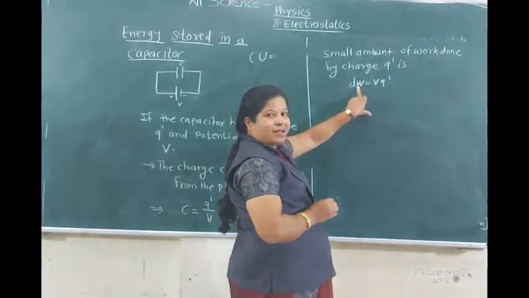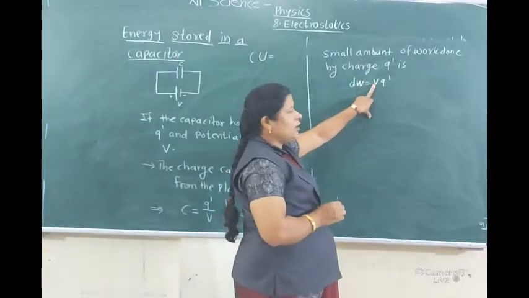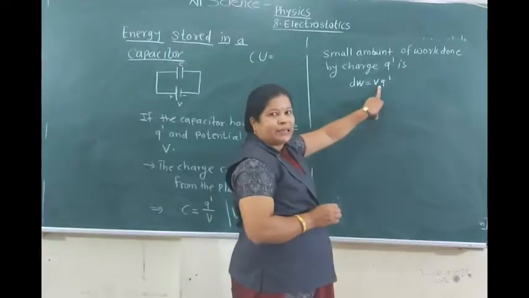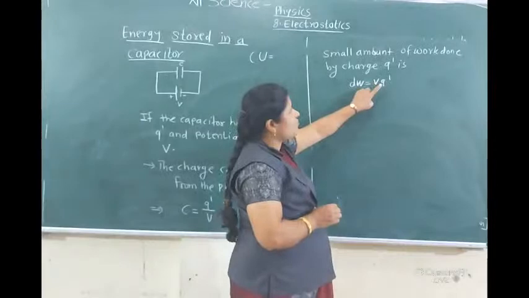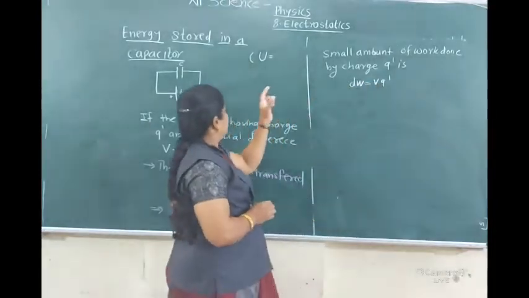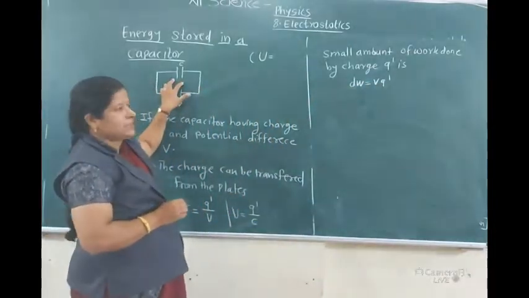We know that work done is equal to potential voltage multiplied by charge.